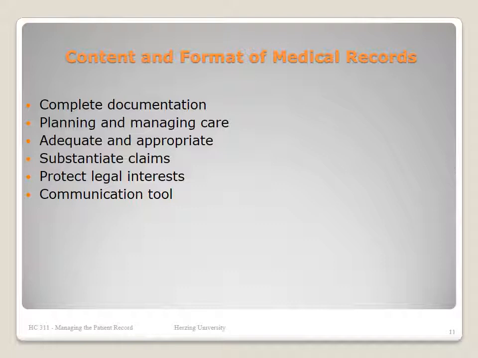Any claim submitted must have documentation to back up that claim if requested by the insurance company. Of course, the saying still applies: if it was not documented, it was not done. To protect the legal interest of the ambulatory service center, everything done must be documented as appropriate.